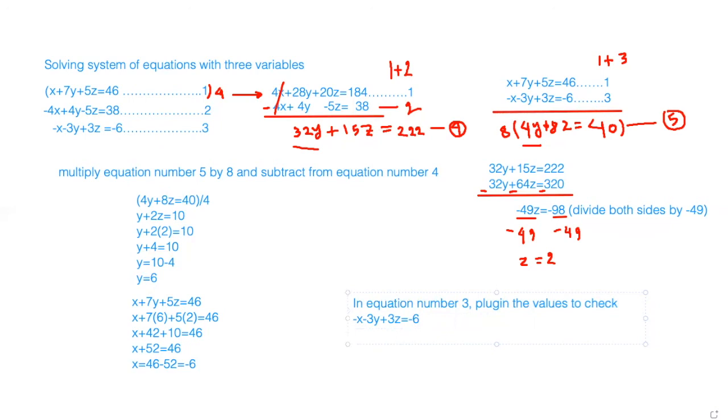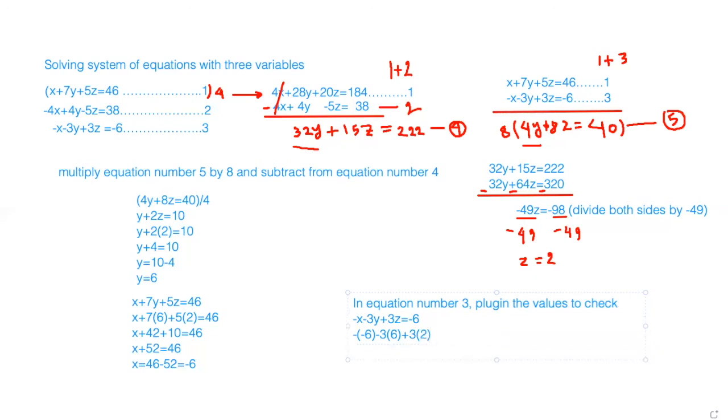So negative x is negative, and within parentheses negative 6, minus 3y. So you write minus 3 and the y value is 6, and then plus 3z. So I write plus 3 within parentheses, z value is 2.